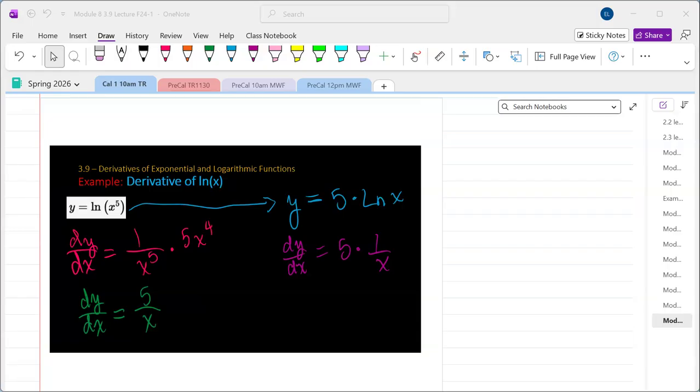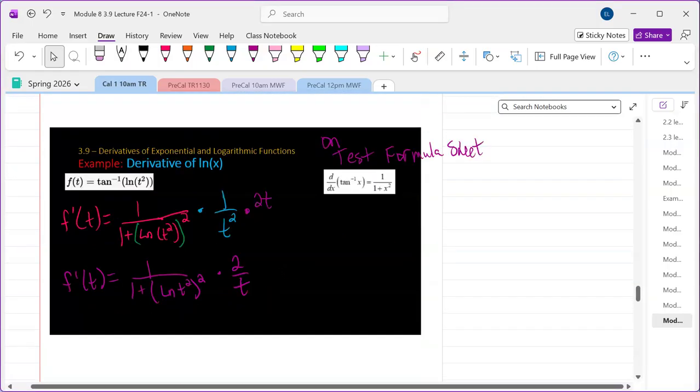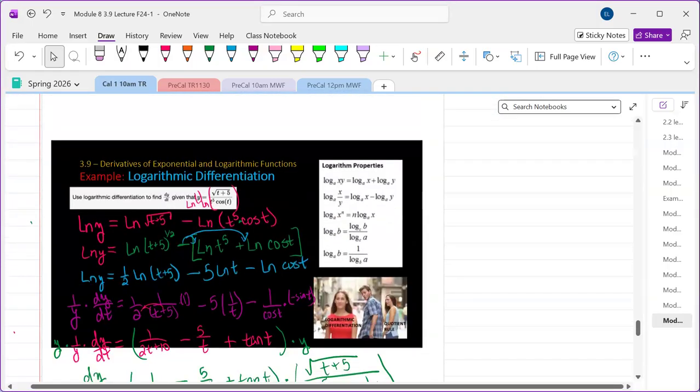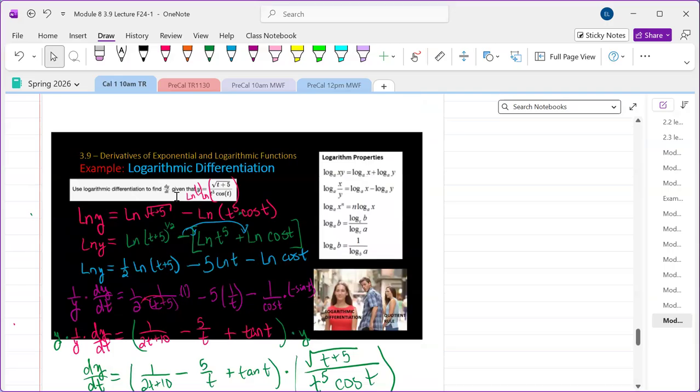So yeah, we did put a logarithmic differentiation problem in the exam 2 practice problems, but it's not on the test. It's actually very, very similar to this one here.